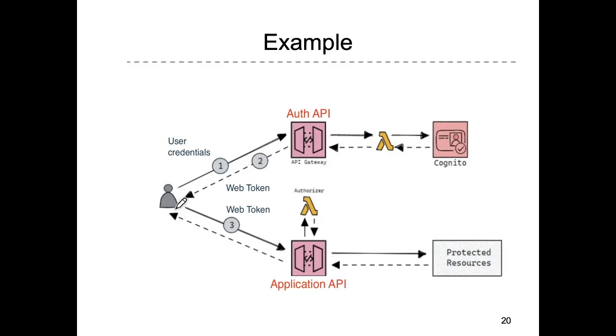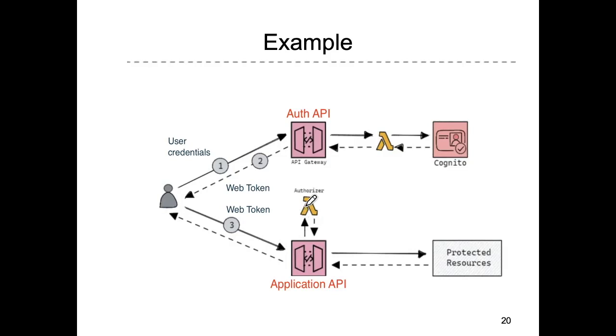For any subsequent requests to the actual functionality of the application, that will include the token, but this web API here will have a Lambda function specifically concerned with checking that the token is a valid token.